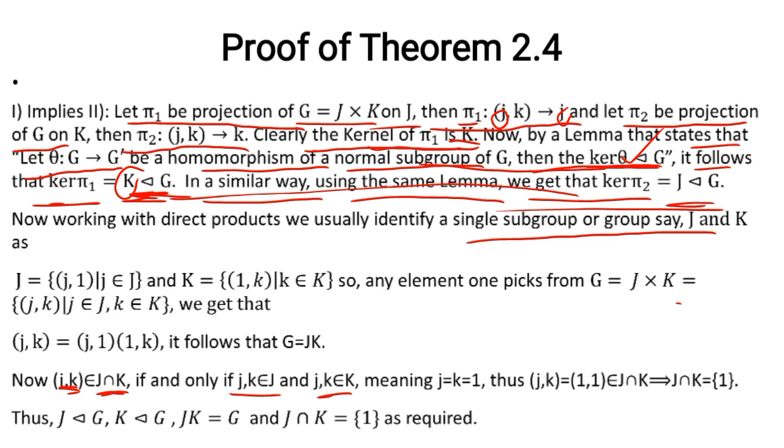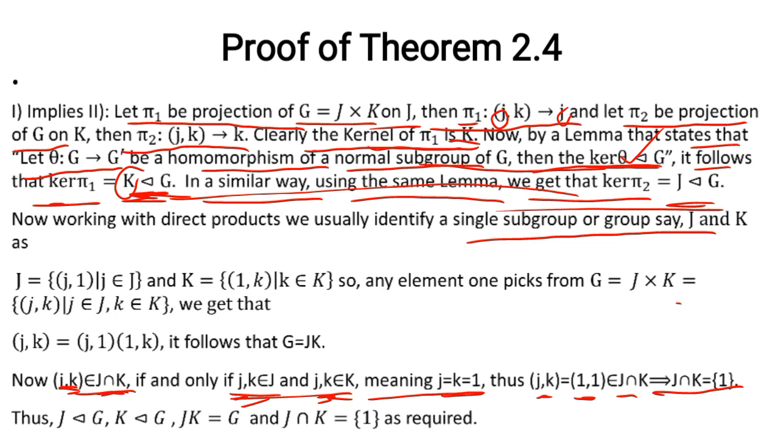So if the two elements are in J and also in K, then it must be that both of them are equal to 1. Meaning that this JK is the same as 1, 1, and it is lying in J intersection K. So every time we pick J and K in this, it will be that they are this, then clearly J intersection K must be the set 1 itself.